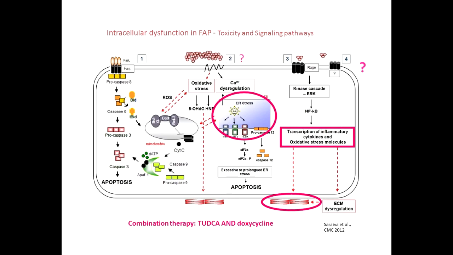The mitochondria in our hands, so far, is not a major activation of the death pathways, though we find caspase 9 and caspase 3. We also had some evidence of activation of FAS, caspase 8, and then apoptosis.